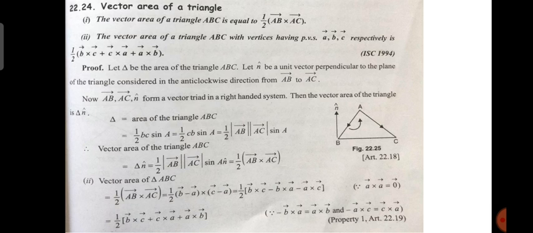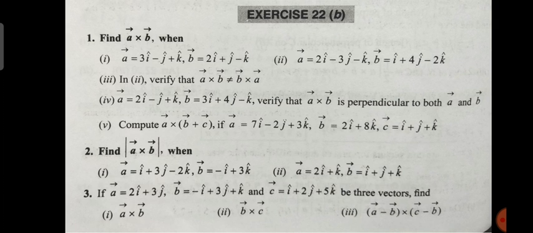And the vector area of a triangle ABC with vertices having vectors A, B and C respectively is 1 by 2 times vector B cross vector C plus vector C cross vector A plus vector A cross vector B. These are the two vector areas of triangles, for when the vertices are given or the other case. And there are some exercises. Using these properties you have to do these exercises.